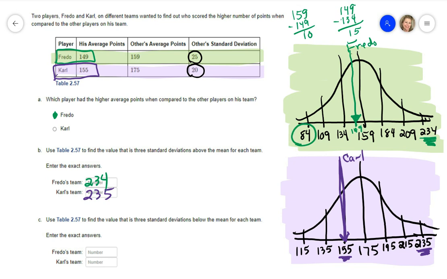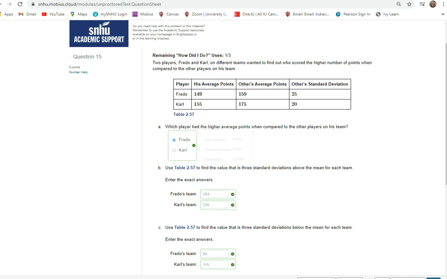For Frito's, it's 84, and for Carl, it's 115. I had already gone into Mobius, and I'll just jump back and show you that I got all those answers correct: 234, 235, 84, and 115.